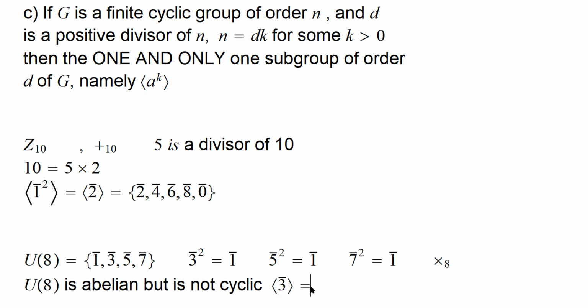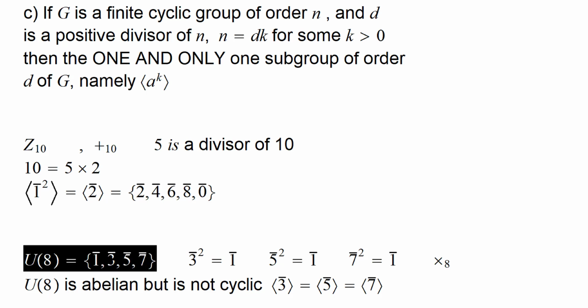This is a subgroup of order 2, and so is this one. Of course we can show that this is not cyclic, because 5 also has order 2.